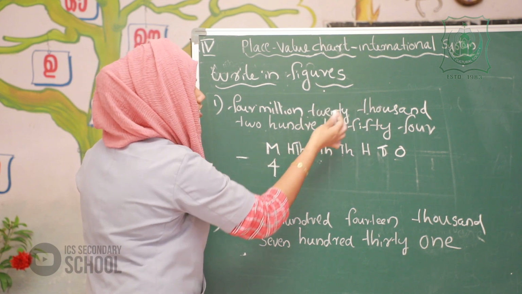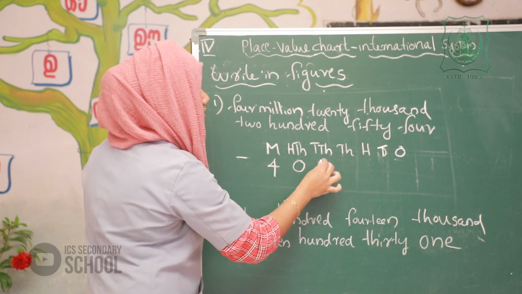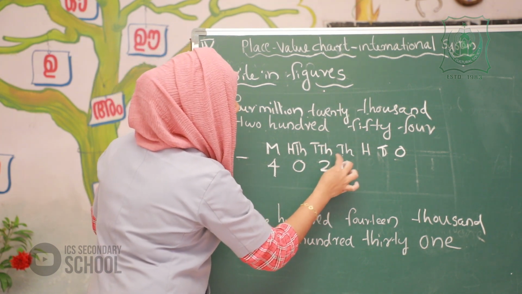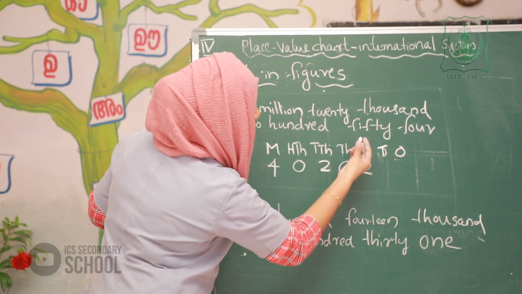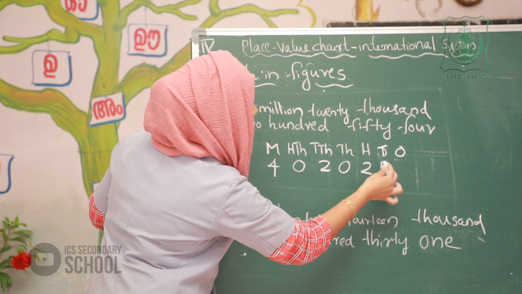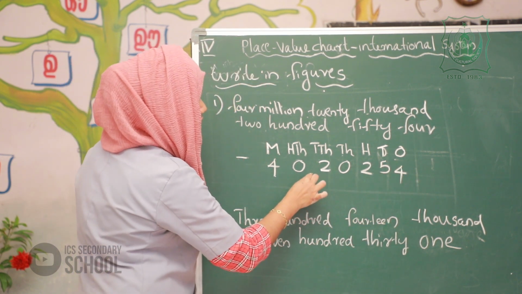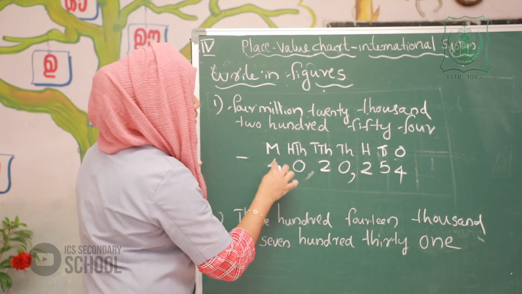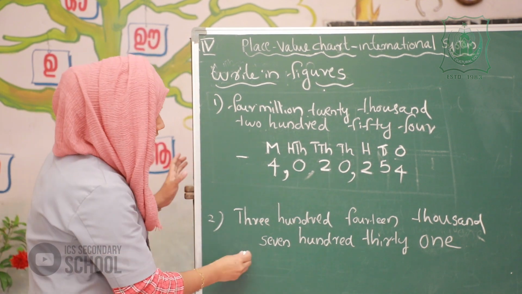There is no hundred thousands, so you put 0. Twenty thousand, that means ten thousands is 2. 254. This is the number. Okay. After one period, you put commas. 4,020,254.